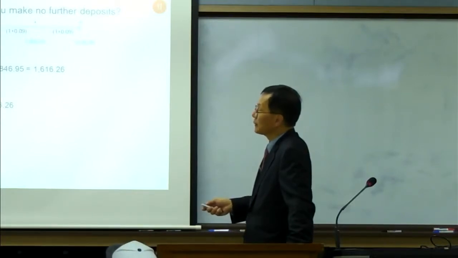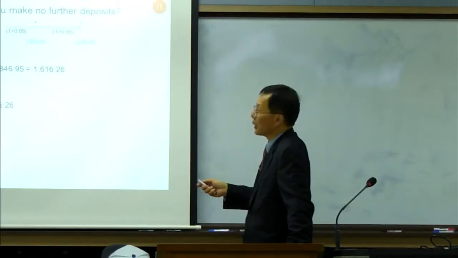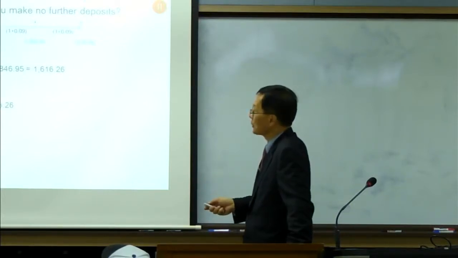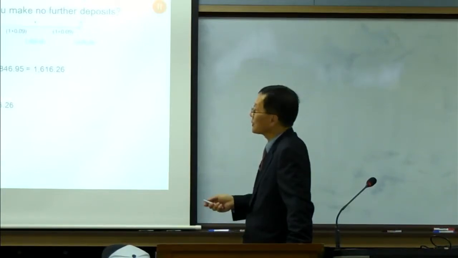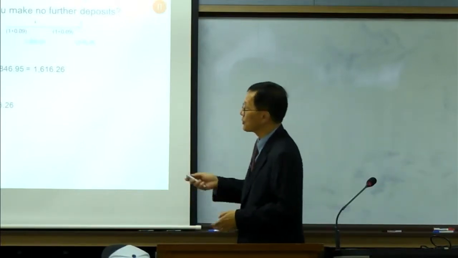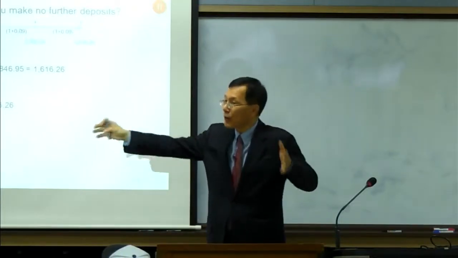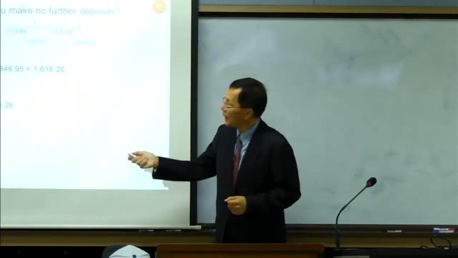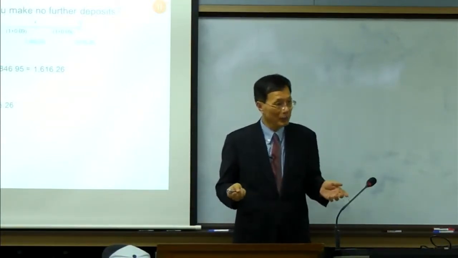Okay? 1248 invested in year 2 grows in value at 9% per year over 3 years to yield 1626. Okay? That's the year 5 value of your investment. Year 0, you put 500. Year 1, you put 600. And let them grow at 9% per year. And your end of horizon value is 1626. Okay?